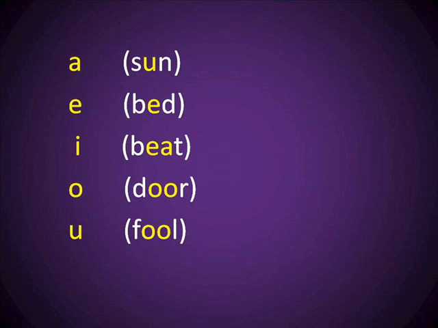Let's start with vowels. Vowels in Spanish have just one sound each. You learn these and they're gonna sound the same in any position in a word. A, as in sun, a. As in bed, e.